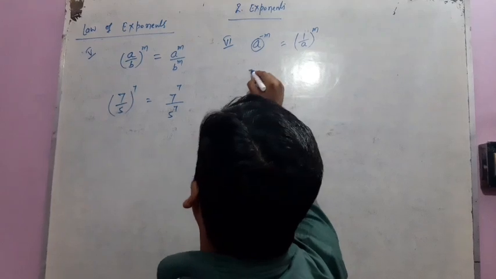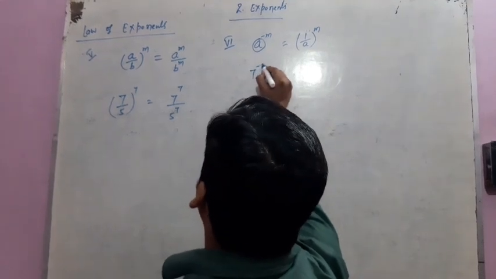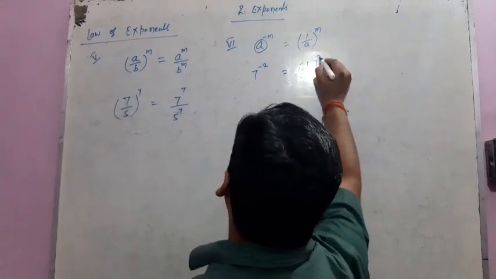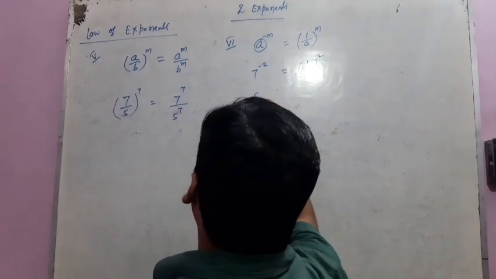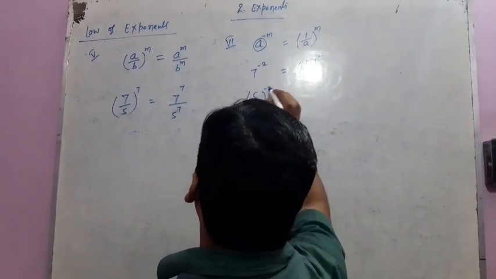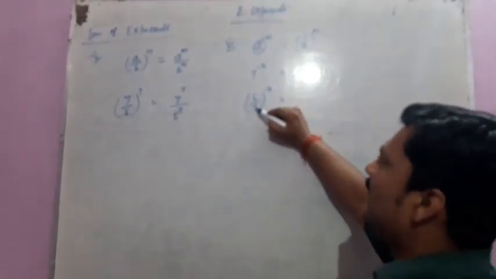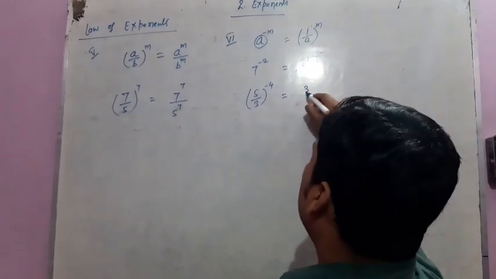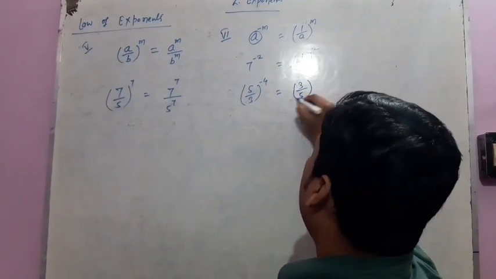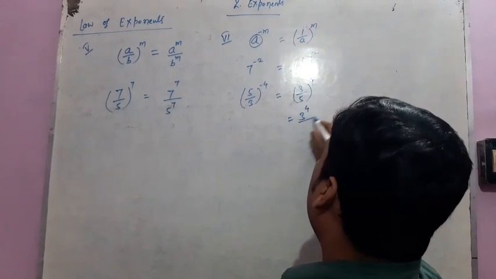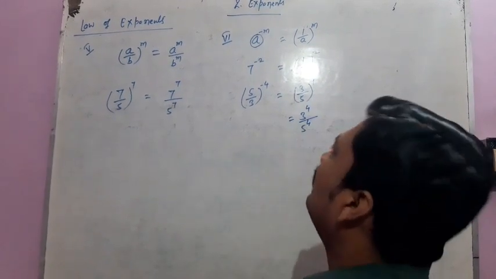For example, if it is written 7 to the power minus 2, that means 1 by 7 and whole power 2. If it is written 5 by 3 power minus 4, that means first for removing this negative sign, we have to write the reciprocal of this fraction, 3 by 5 and then power 4, that is equal to 3 to the power 4 by 5 to the power 4.